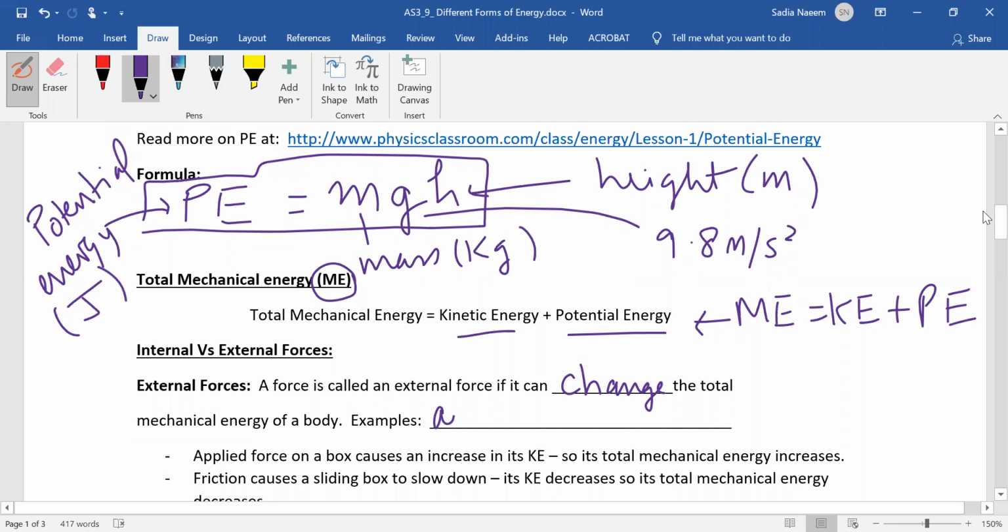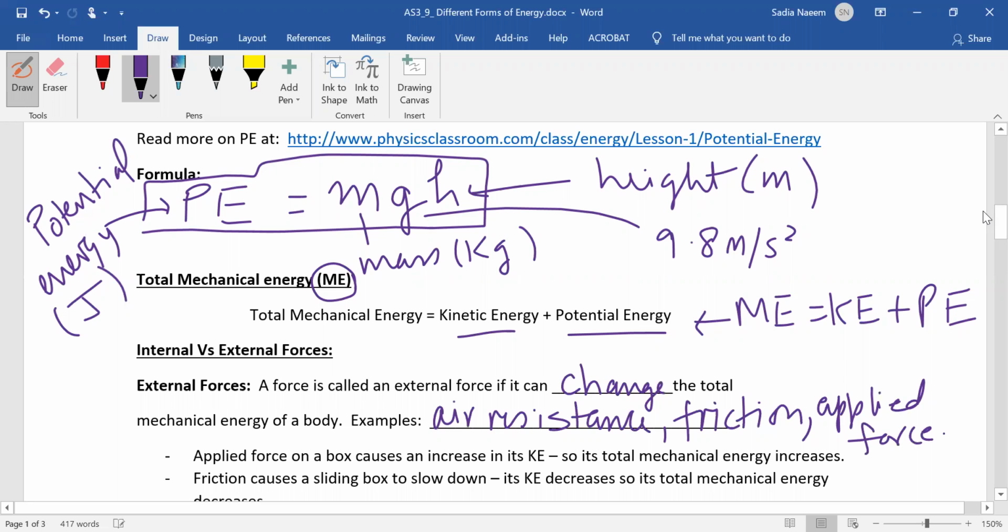Examples: air resistance, friction. Applied force can also be one. Like if you start pushing on a box, you're going to change its total energy, right? You can accelerate it. So any force can be an external force, by the way. But it depends on the situation.